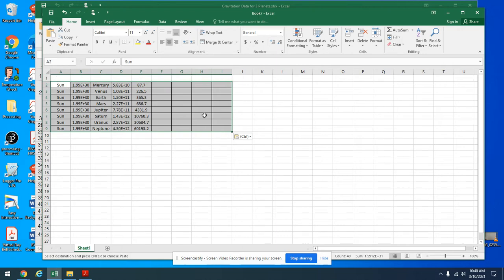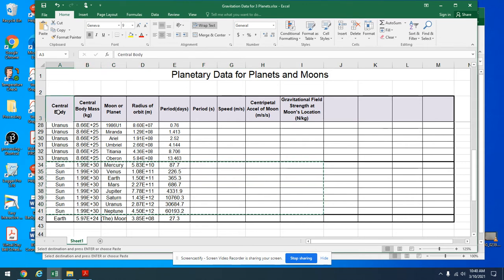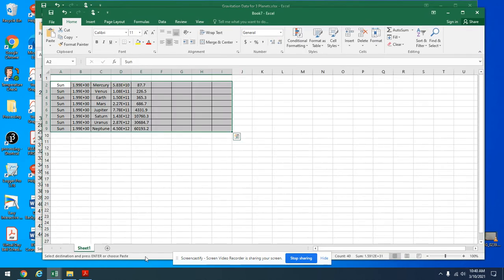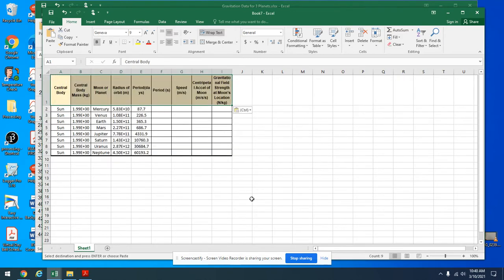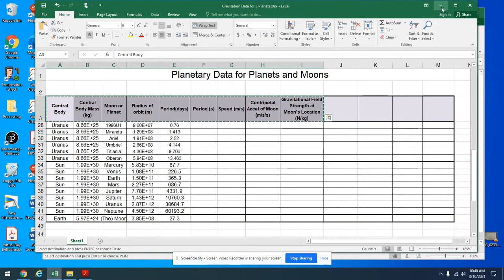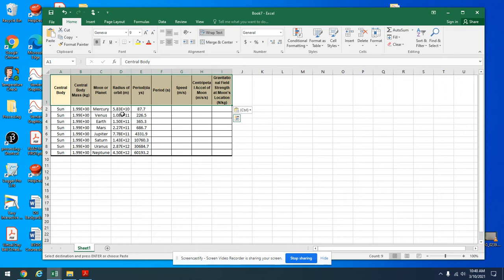I left one empty line here because I want to go back to this document. I also want to pick up this line here and put that up top. And that looks good. Okay, so I'm going to go ahead and close this, or just minimize it down there.